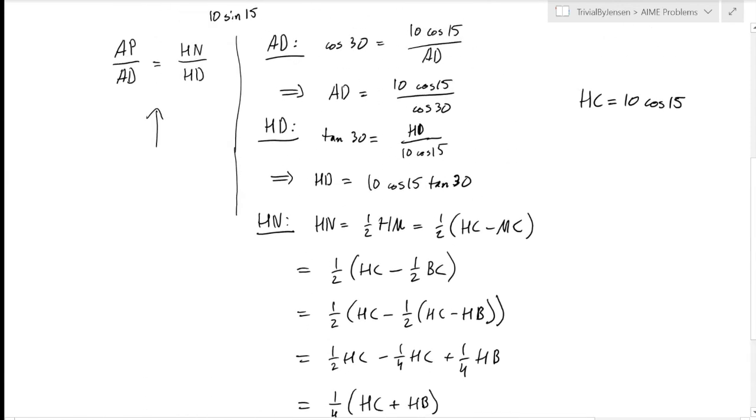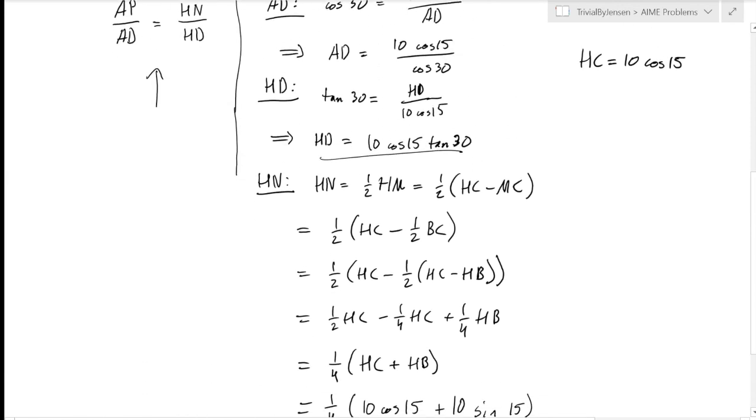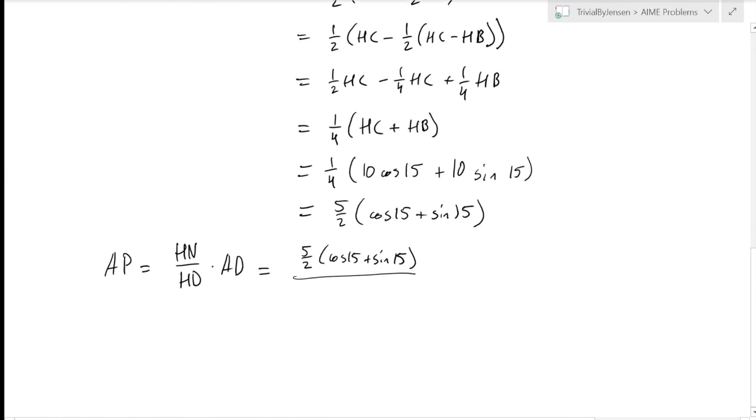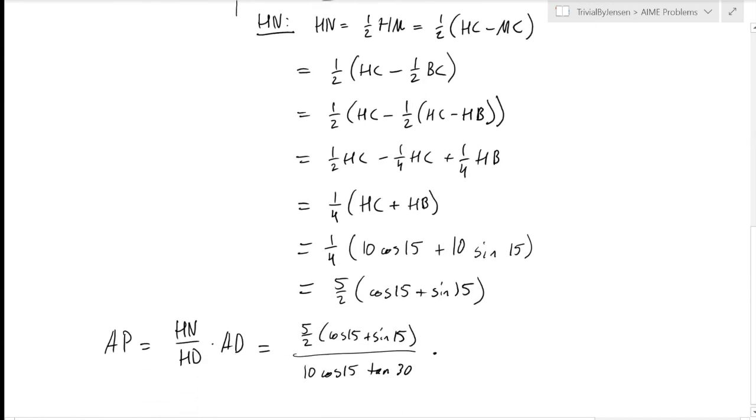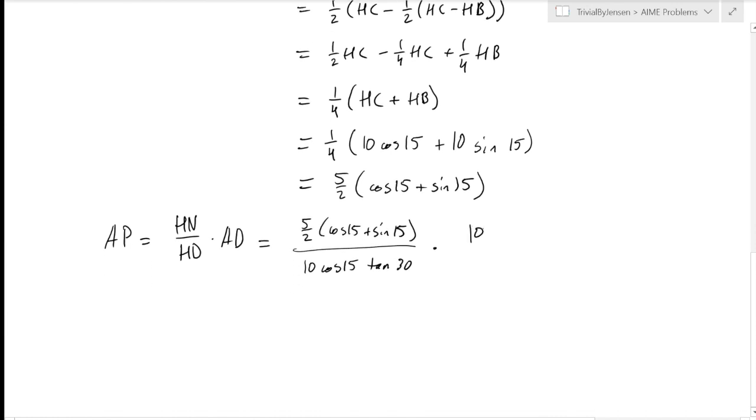HD we know is 10 cosine 15 tan 30. And then finally AD, 10 cosine 15 over cosine 30.